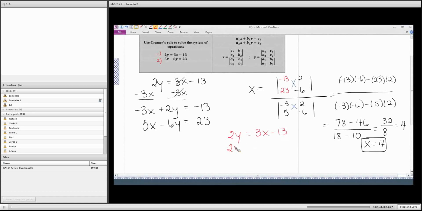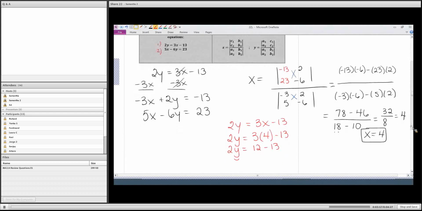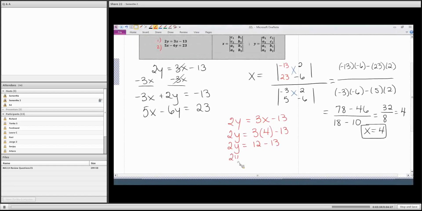We know x is 4. And we're going to have 2y is equal to 3 times 4, which is 12, minus 13. 2y is equal to negative 1. 12 minus 13 is negative 1.